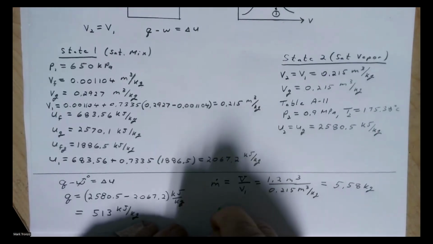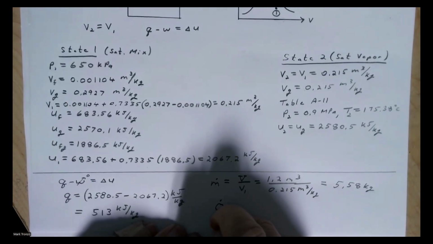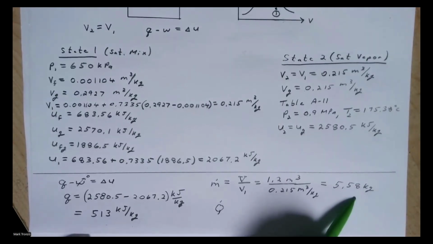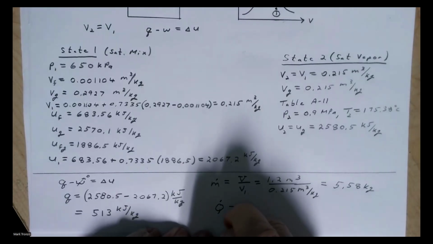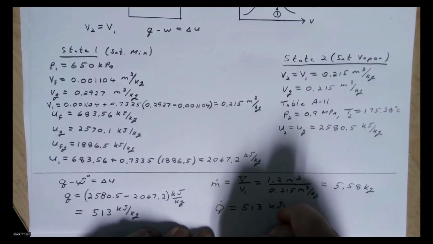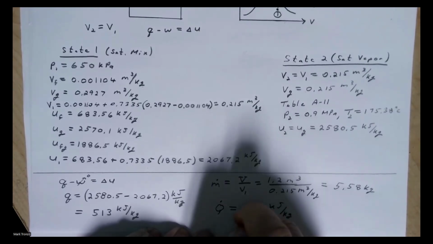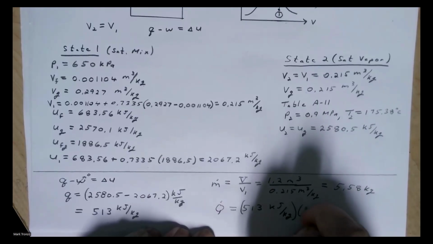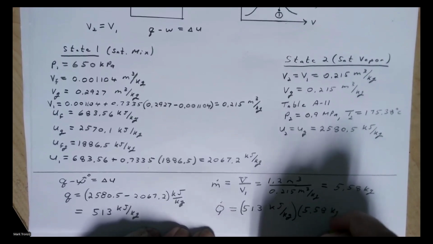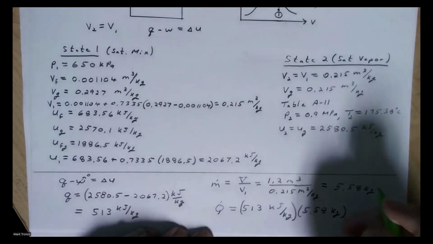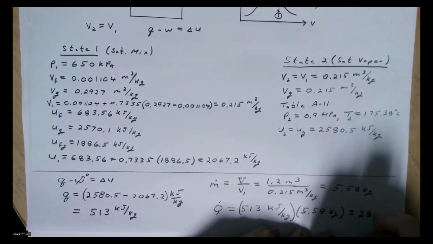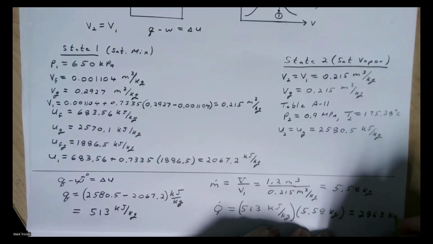And then, of course, if you want to find the total heat transfer, it's going to be the heat transfer per kilogram times the total number of kilograms, which is 2863 kilojoules.